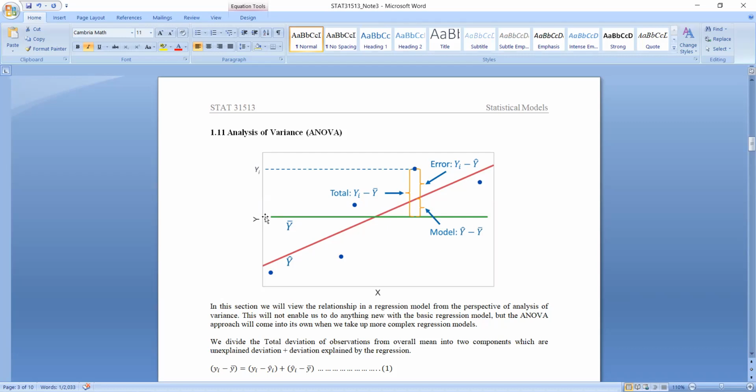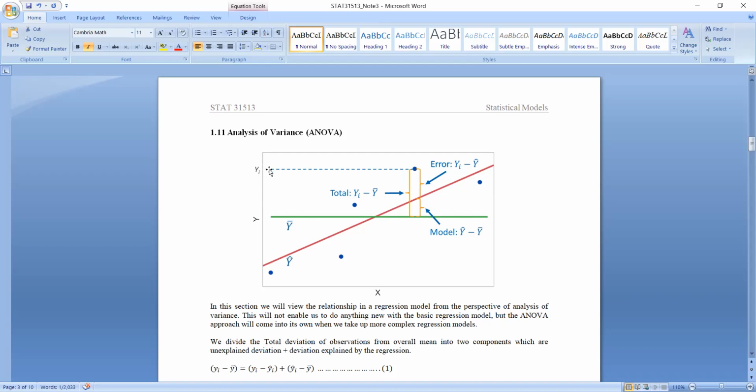Since the mean is a constant value, we can denote the mean value by this green color line, right? So let's imagine our mean value for the y variable is somewhere here.